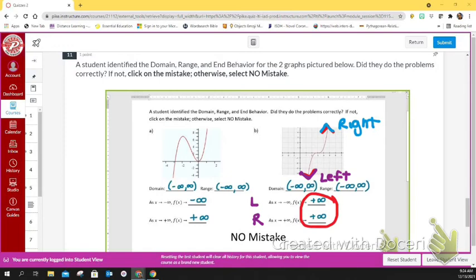And it looks to me like the left arrow is not going up. So the mistake is that this is wrong. That should not be positive. That should say negative infinity.